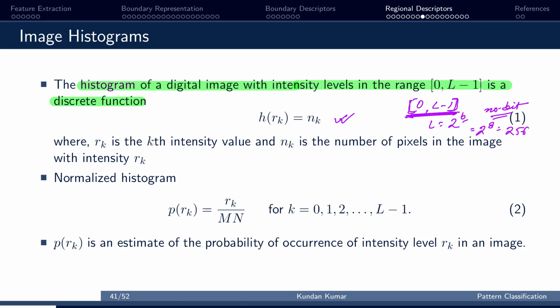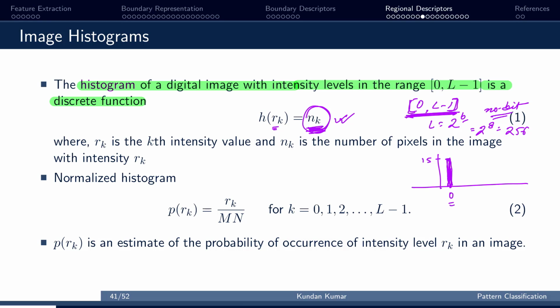Then we count the frequency. Here n is the frequency, that means the number of counts of intensity level rk. Suppose in our image the intensity level 0 is repeated 15 times, so the height, that means the frequency of occurrence of intensity 0, will be 15.